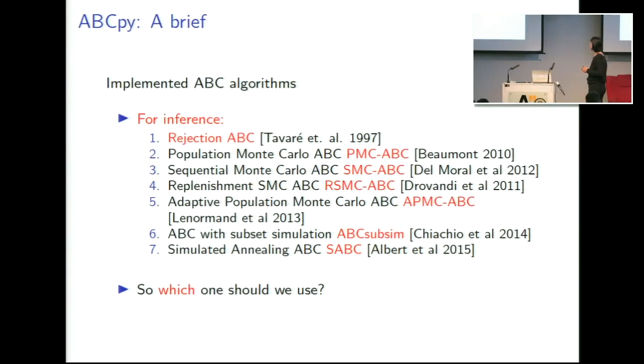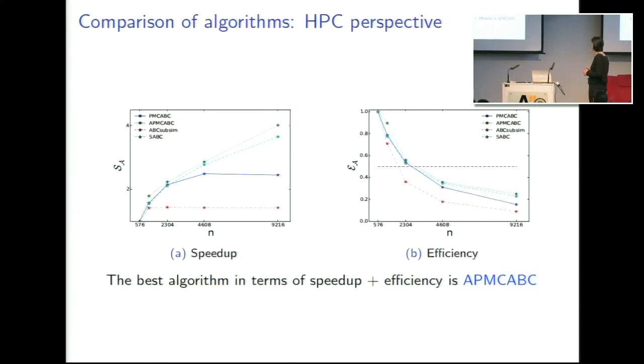It implements not only the rejection ABC, but 7 other ABC samplers that have been developed since this idea came up in the past 5 years. And then the question is, which one of those ABC algorithms we use in practice? Well, for the specific application that I'm going to show you, we decided to use this adaptive population Monte Carlo ABC because it has the best compromise in terms of speed up and efficiency.